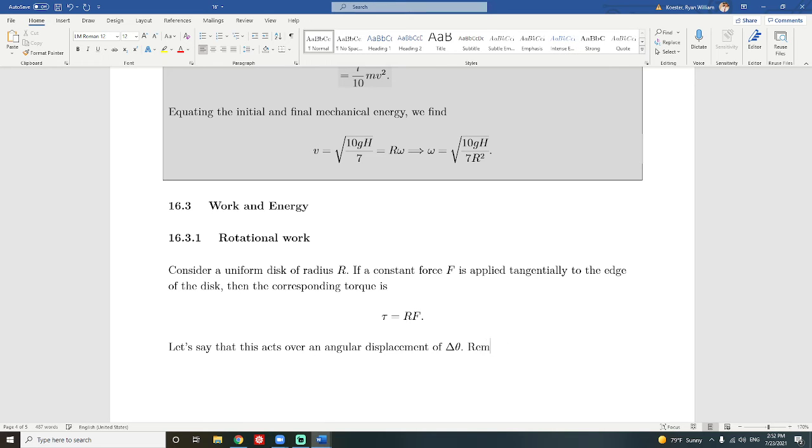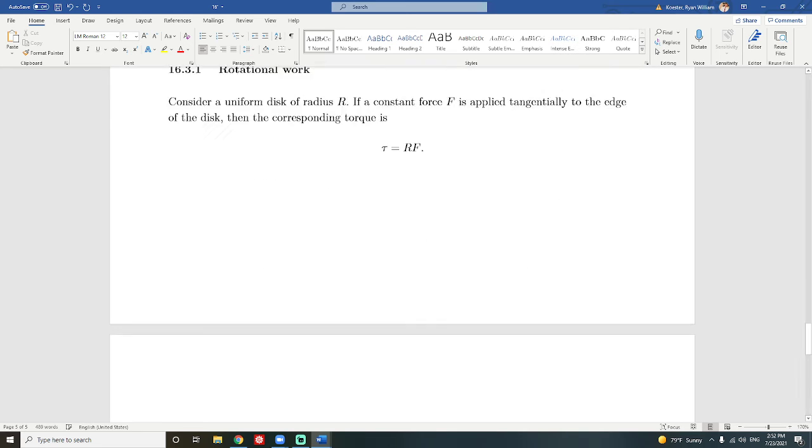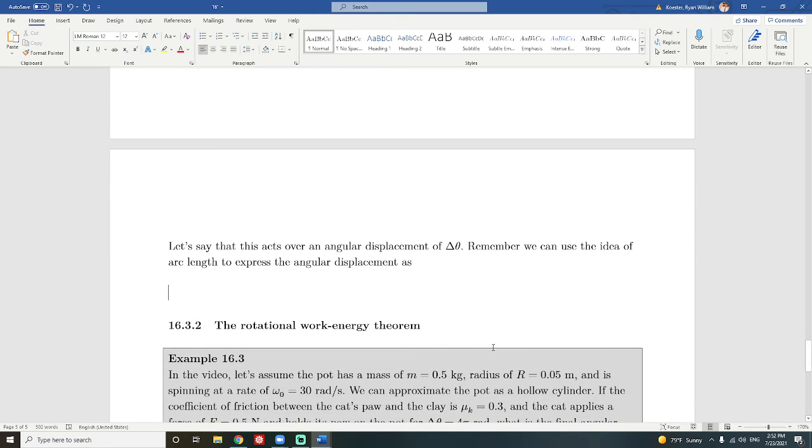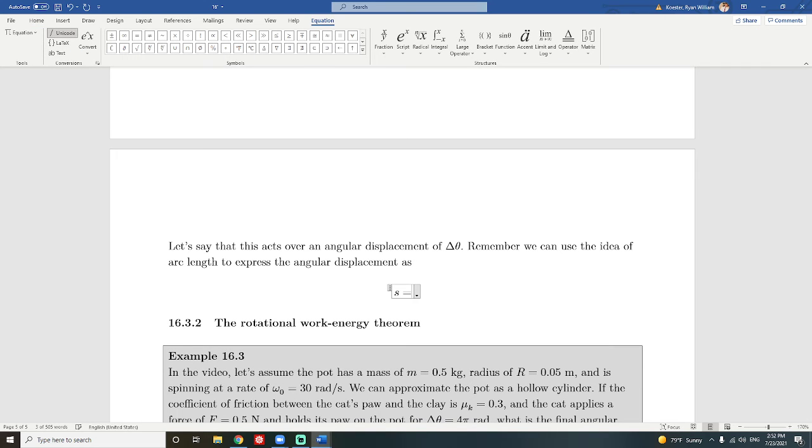Remember, we can use the idea of arc length to express the angular displacement, and the arc length formula was just that the arc length is given by the radius times the angle, right? And so this tells us that we can write that delta theta is just S over big R.